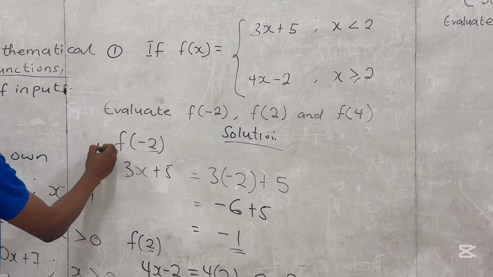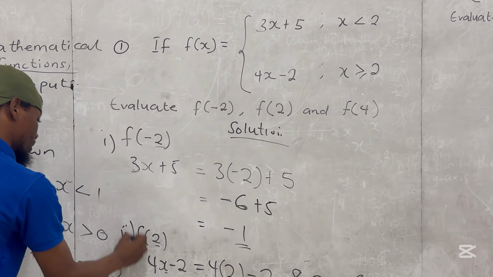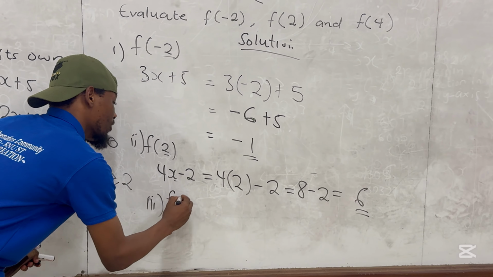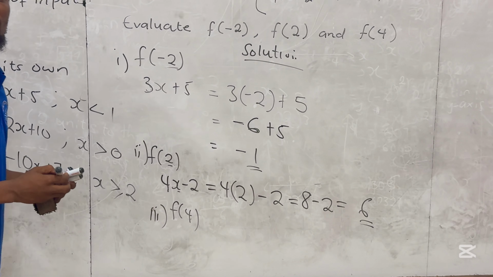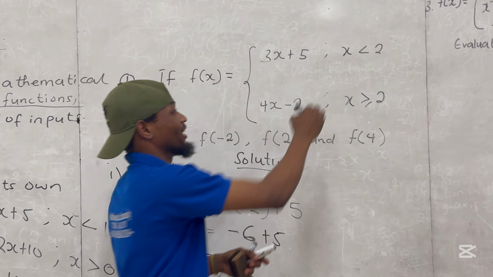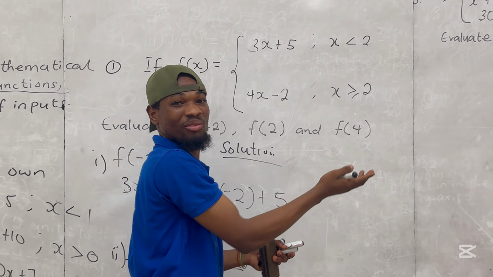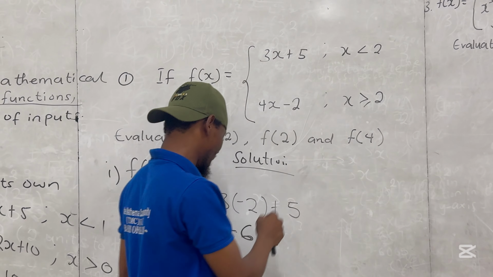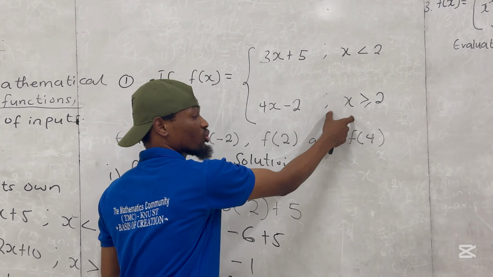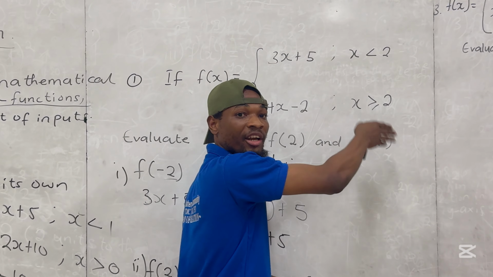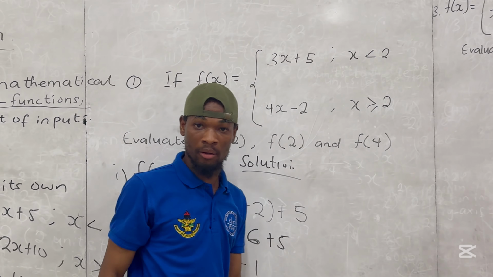And lastly, we have f of 4. Let's test. Is it the first one or the second one? X is less than 2. 4 can't even fit into this. But remember that 4 fits into this. Why? Because x is greater than or equal to 2 simply means 2, 3, 4, 5, 6, and beyond.